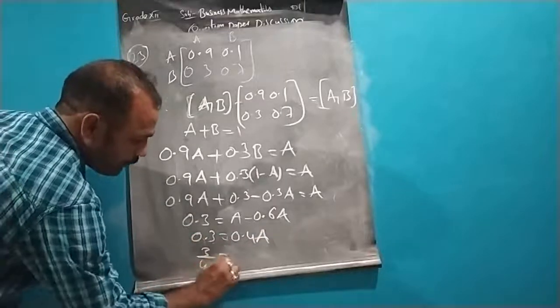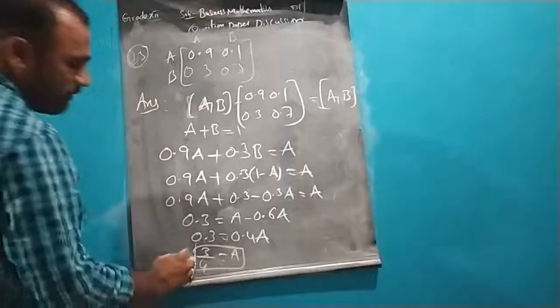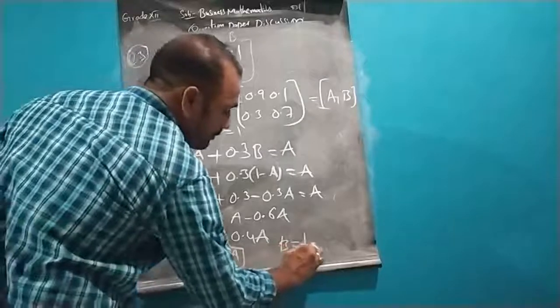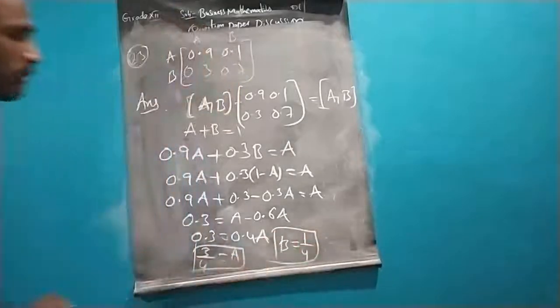So 3 by 4 is equal to A. I got the A value as 3 by 4, so definitely the B value will be 1 by 4. Why? Because the sum of these two probabilities is 1.